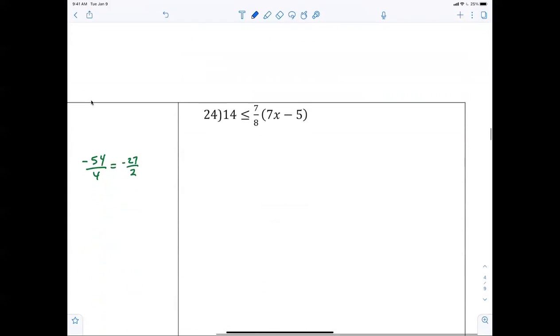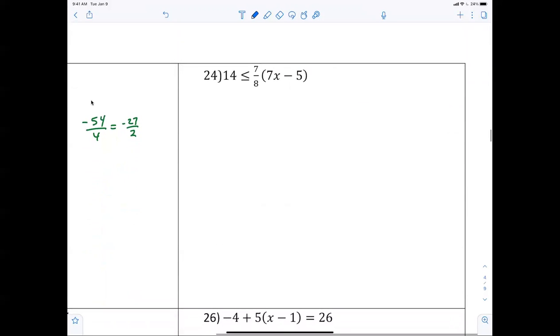All right, here we go. What can I do first here? Right, multiply by the reciprocal. I really don't want to distribute because it'll make fractions, right?